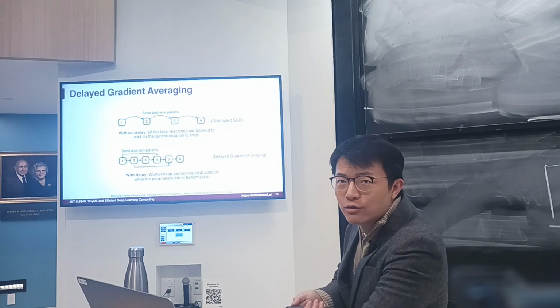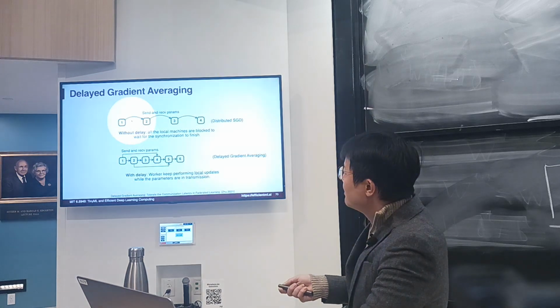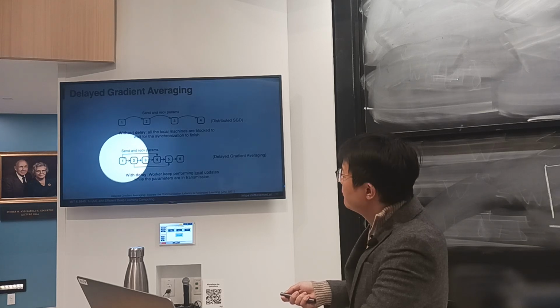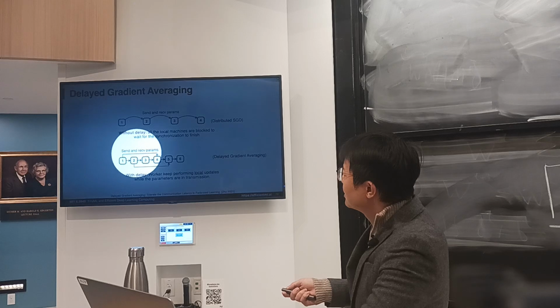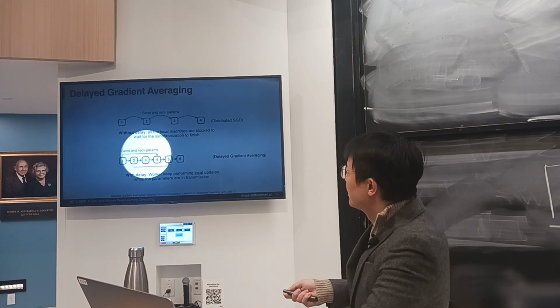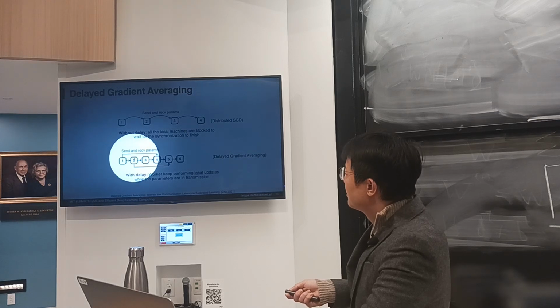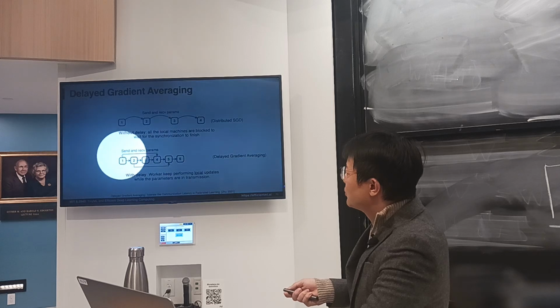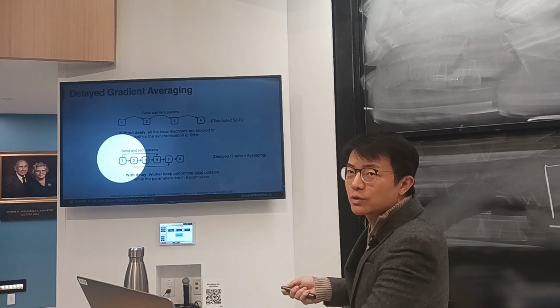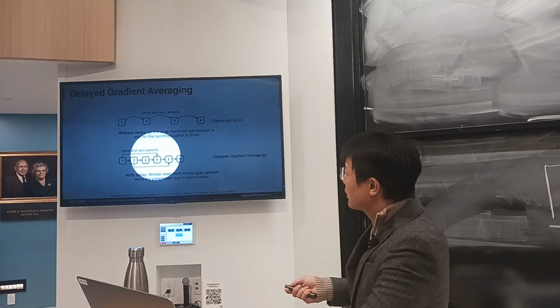But if you allow such delay, we can immediately start the second iteration after the first iteration completes, even though we haven't finished the send and receive of the gradient. We can continue to make progress, computing step 2, step 3, step 4, and suddenly we receive the gradient coming from step 1, which is a stale gradient with respect to step 4.